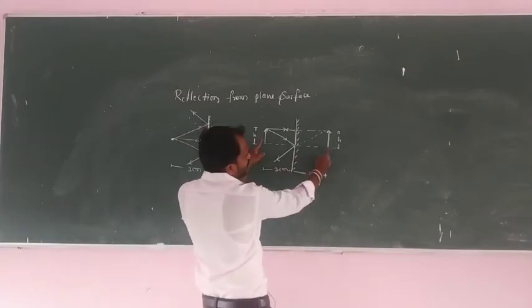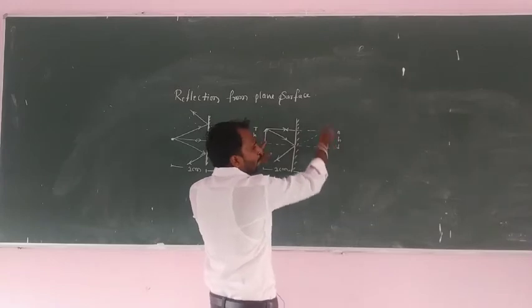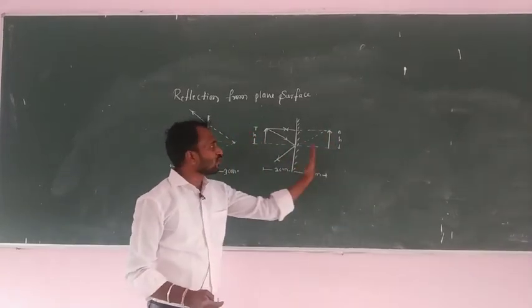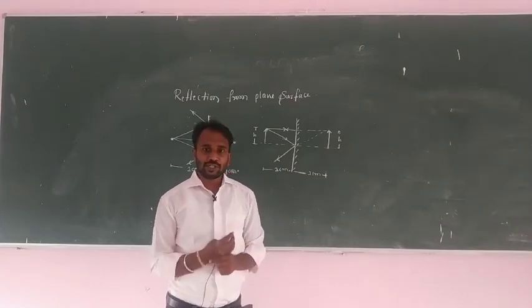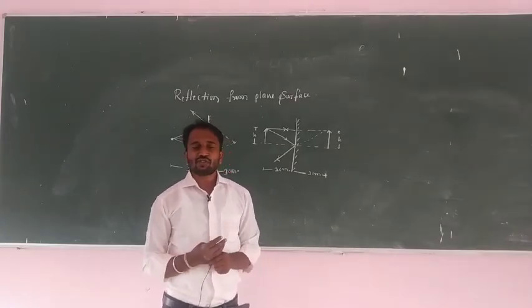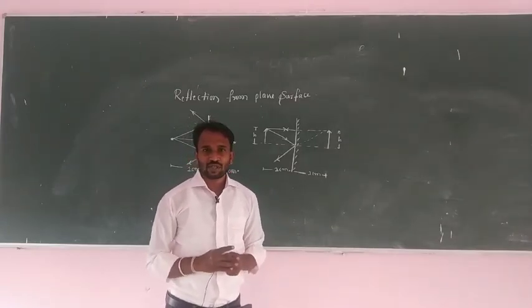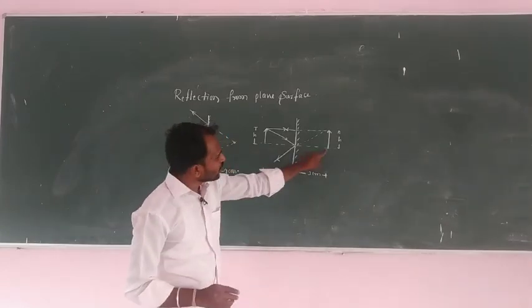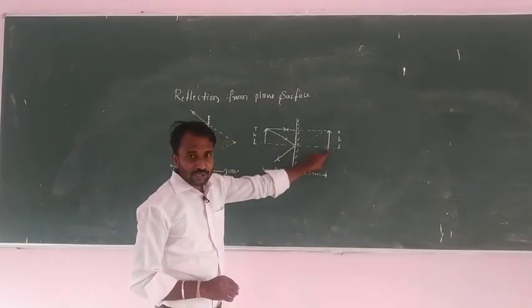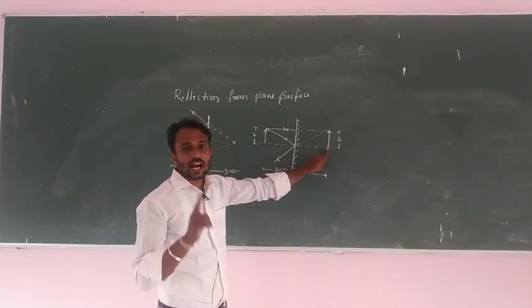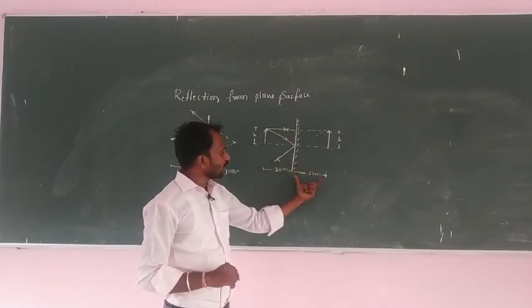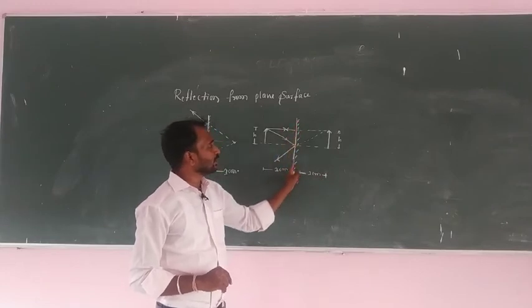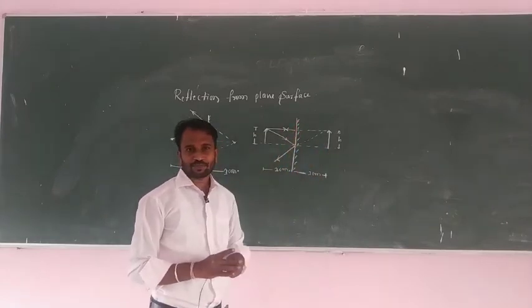And this image is always upright. It means here we will get a virtual image. So a virtual image is always erect. This image is upright. So the distance between object and mirror is equal to the distance between mirror and image.